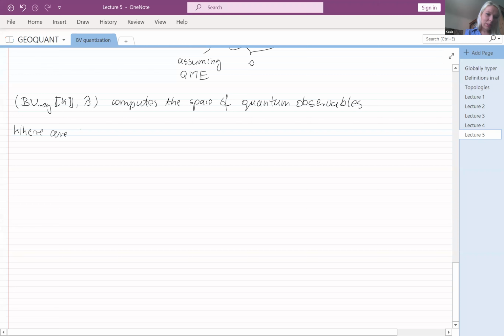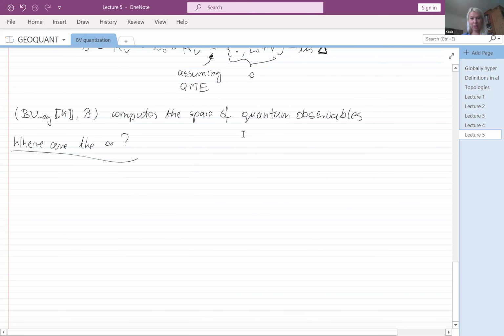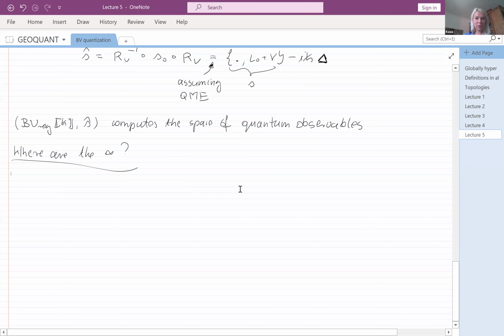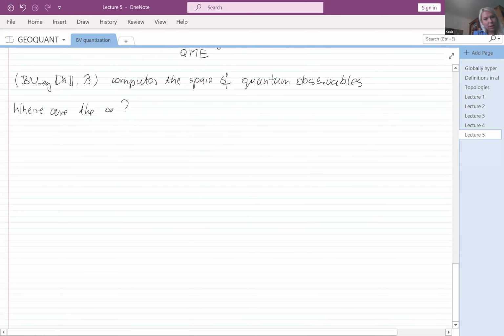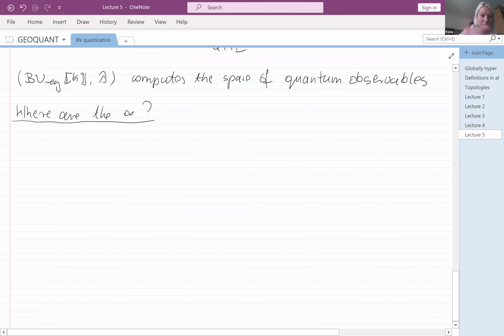Where are the infinities? That's in the definition of the time-ordered product. What I told you up to now is the time-ordered product for regular functionals.